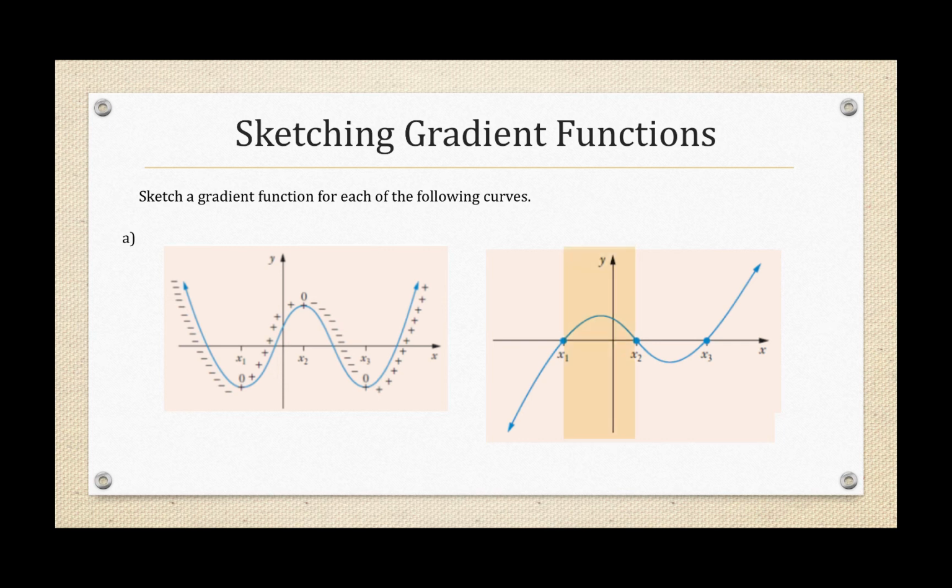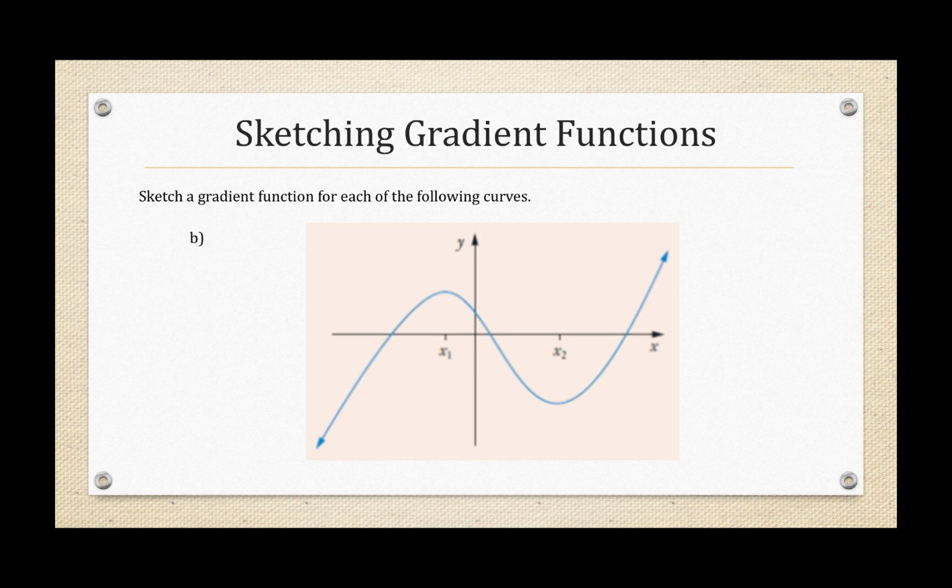We then have a positive value between x1 and x2, because that is where the gradient in the original function is positive. From x2 to x3, our y value is negative, because the gradient in the original function is negative. And then extending beyond x3, we have positive y values because the gradient is positive.